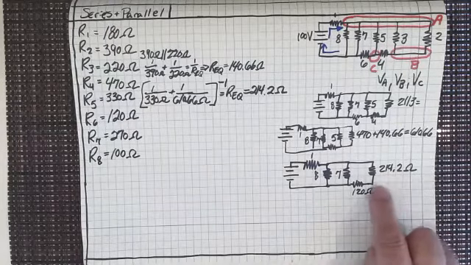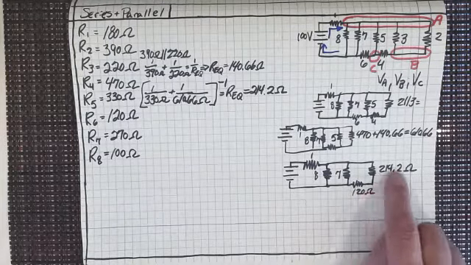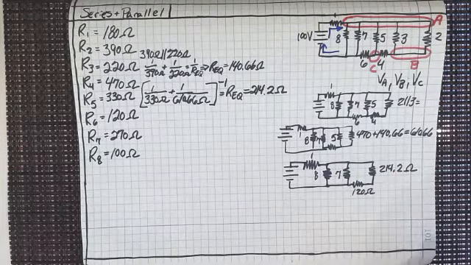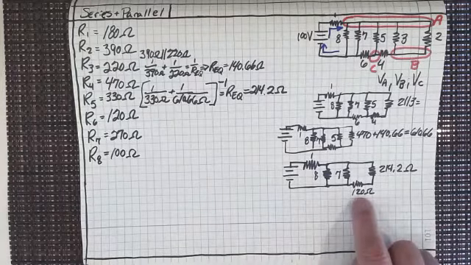Now, I think everybody can see the next thing that I'm going to do is take the 214 and the 120 and add those together. And those will replace the one that I've got here.